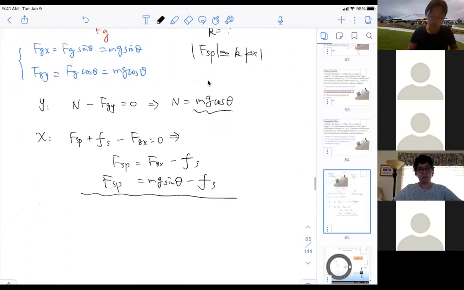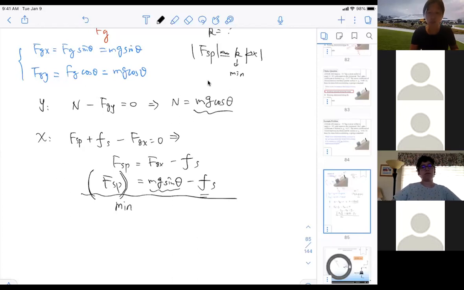All right. Let's say we want this to be minimum. We want a minimum spring constant, which means we want to find a minimum value for the spring force. If the spring force is a minimum, what does that mean for our static friction? This does not change: m doesn't change, the angle doesn't change, so there's nothing you can do there.